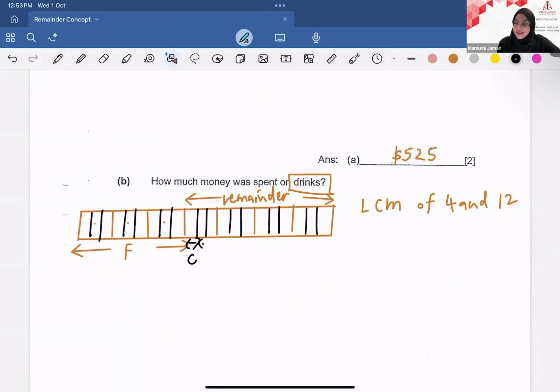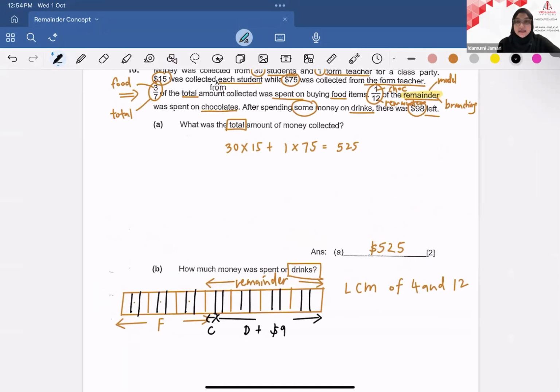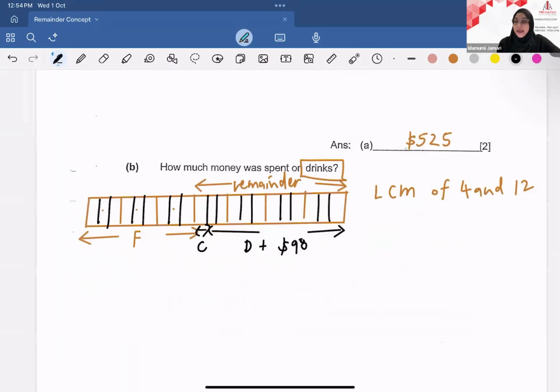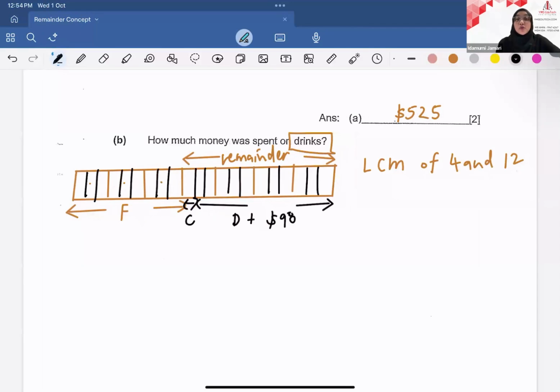Therefore, all these refer to the amount of money spent on drinks plus the amount left, which was $98. From part A, we have found out the total amount of money collected, which was $525.